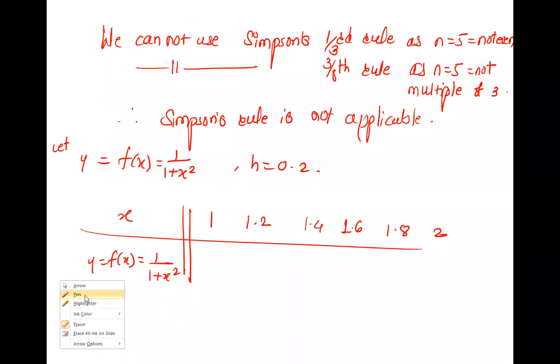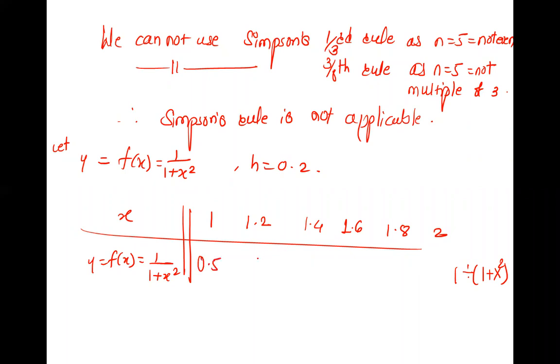And then you are solving this. You don't have to write 1 upon 1 plus 1 square every time. You can just make an equation in the calculator: 1 divided by bracket 1 plus x square bracket close. Calculate for the first one. What is the answer? 0.5.